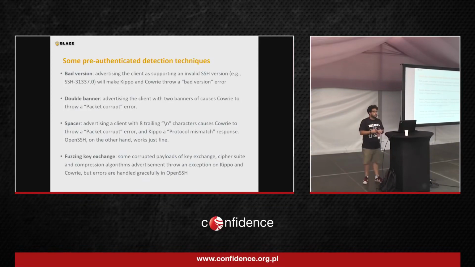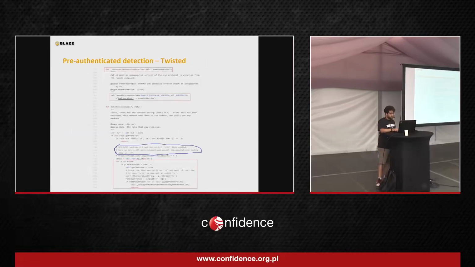Against OpenSSH, these fuzzy key exchanges sometimes just give an error, but it's a very robust error that gives back a message, like protocol mismatch or something. Whereas the other one just crashes big time and nothing comes back. So you can tell it is not the SSH it was advertising.